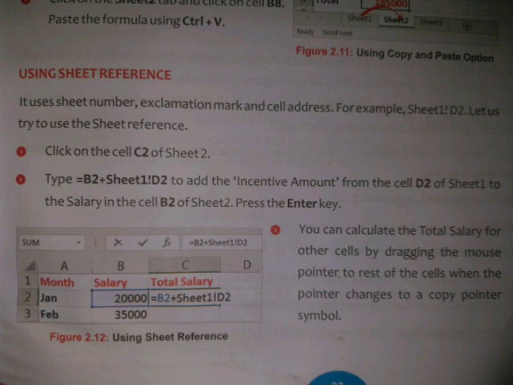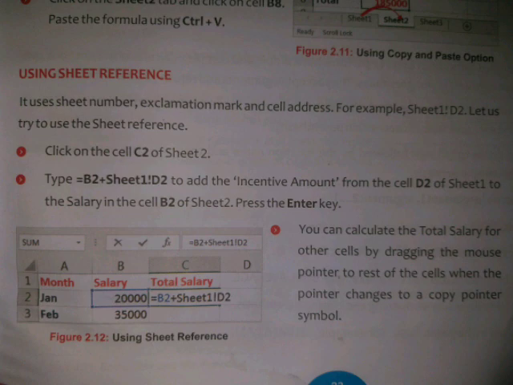The second way of using cell reference of one worksheet in another worksheet is by using sheet reference. You may be confused about sheet reference. Sheet reference simply means it is similar to the previous way, but here we are using the sheet name. We need to use the sheet name, then an exclamation mark, then the cell address. That's how we can use the sheet reference.